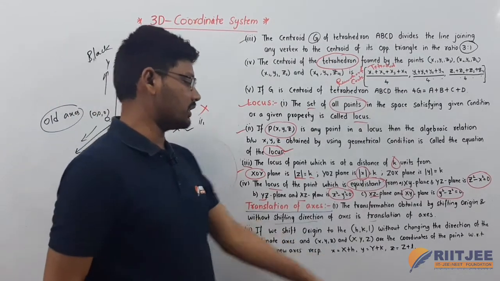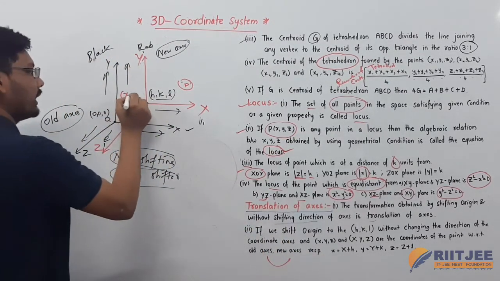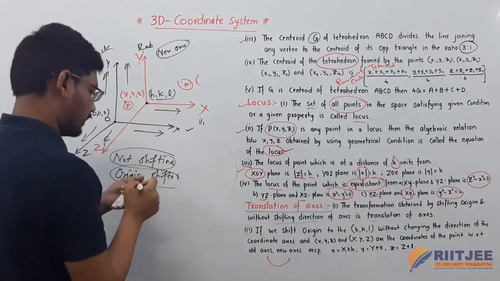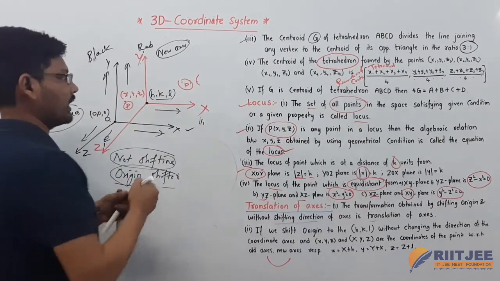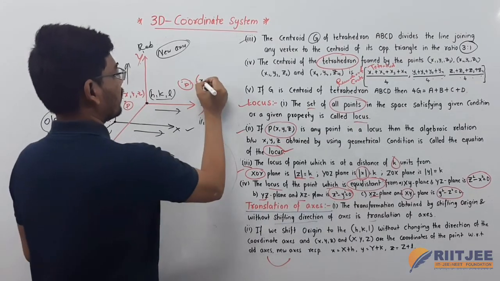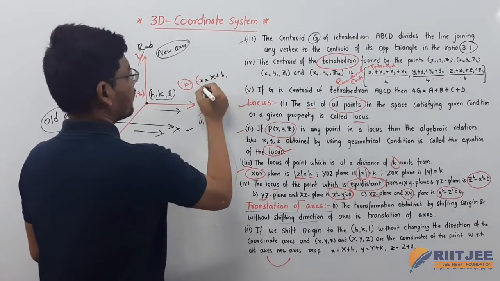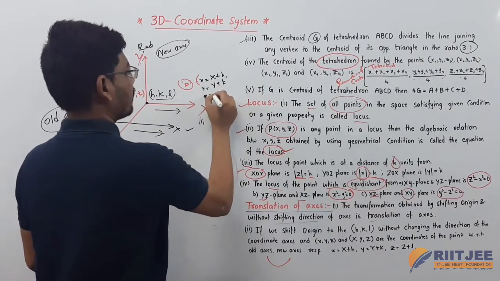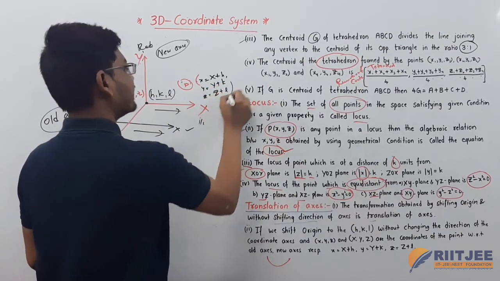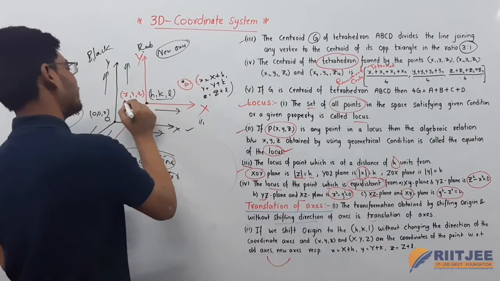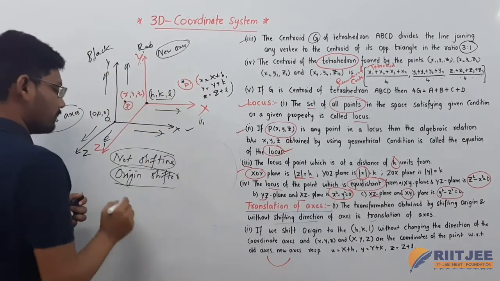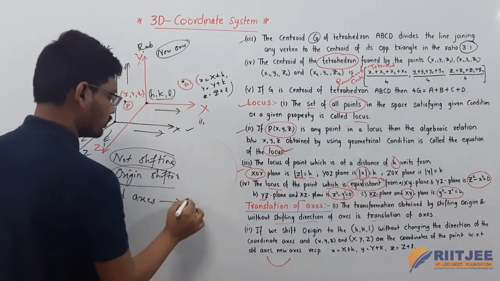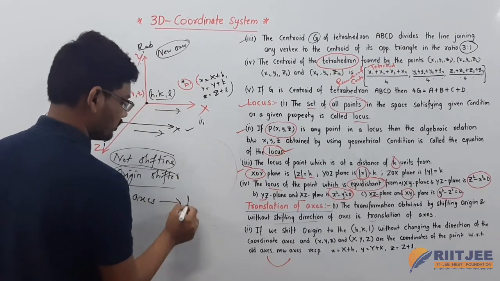For example, the point x comma y comma z will be changed to: small x is equal to capital X plus h, small y is equal to capital Y plus k, small z is equal to capital Z plus L. This is the position of the new point from old axis to new axis.